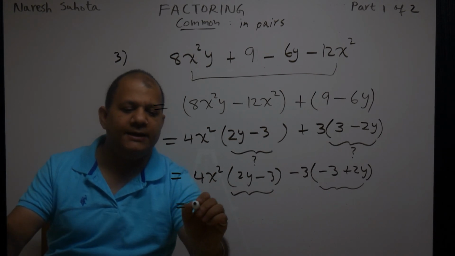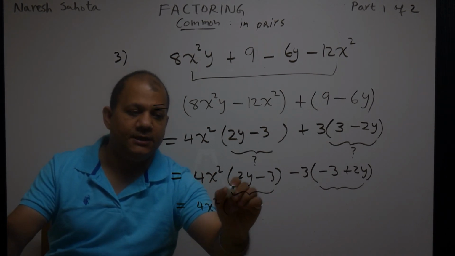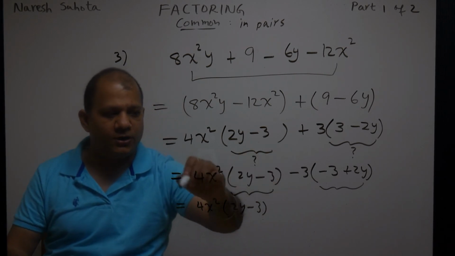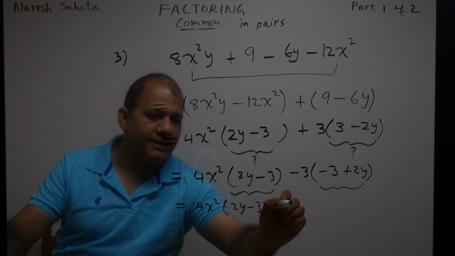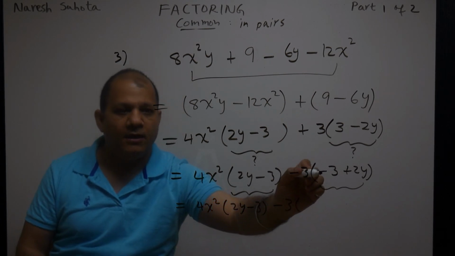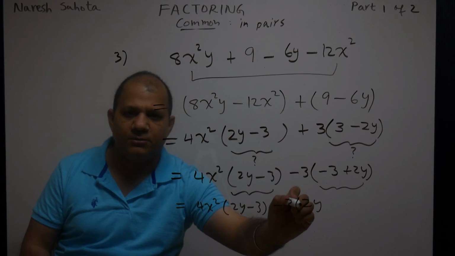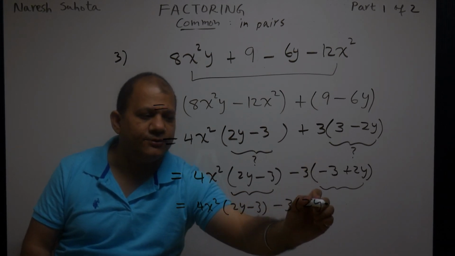So actually I'm going to add in one more step so you can see what I mean. So copy the first term as is, then the second term minus 3, I'm going to rewrite it. I'm going to write the y term first. So 2y, I don't need to put the plus sign in front, and then minus 3.